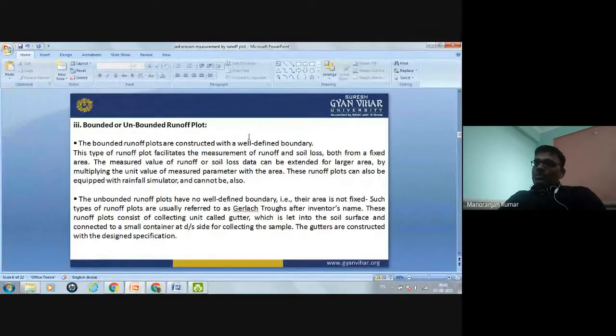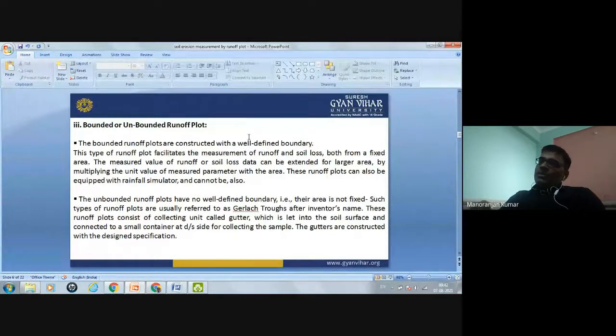So these runoff plots consist of a collecting unit called gutter, which is laid into the soil surface and connected to a small container at downstream side for collecting the sample. So these gutters are constructed with the design specification.